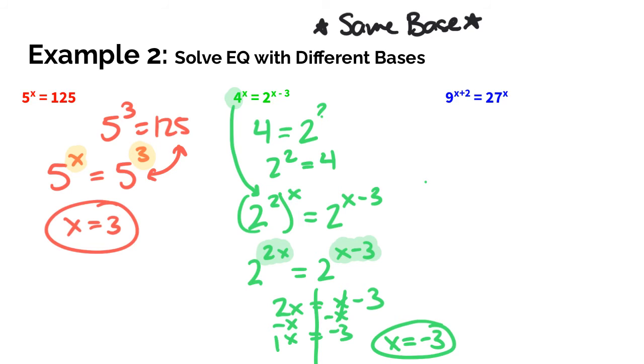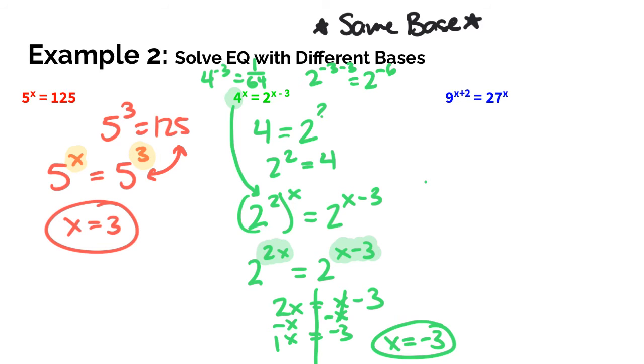If I were to take this number negative 3 and plug it all the way back in at the beginning, for example, 4 to the negative third power, that's going to give me, I'm going to write it as a fraction, 1 over, not 16, 1 over 64. If I take negative 3 and plug it into the other side, 2 to the negative 3 minus 3, that's the same thing as saying 2 to the negative 6th.